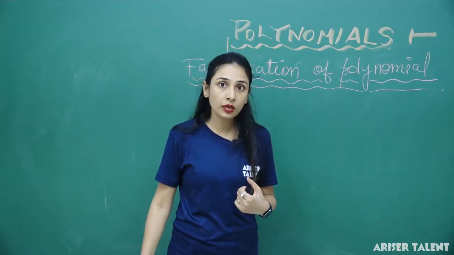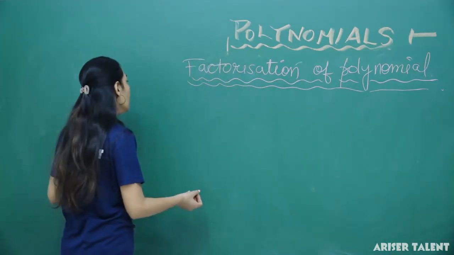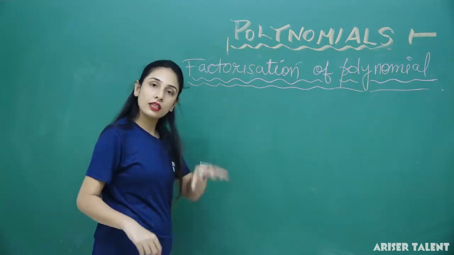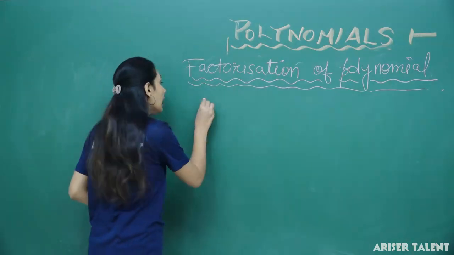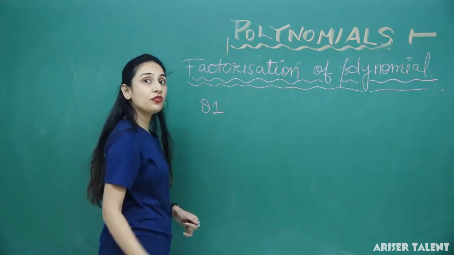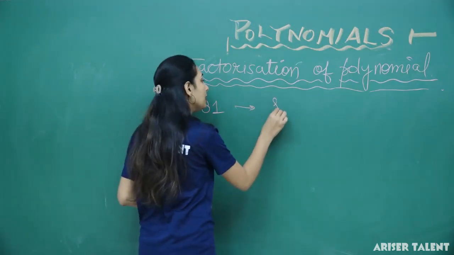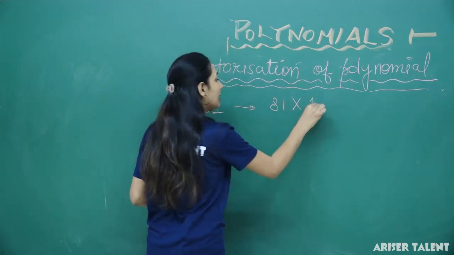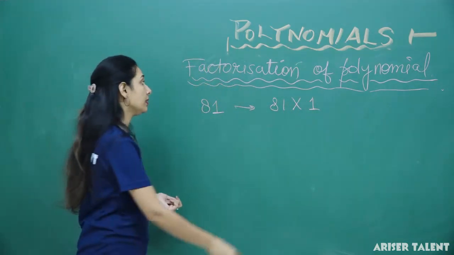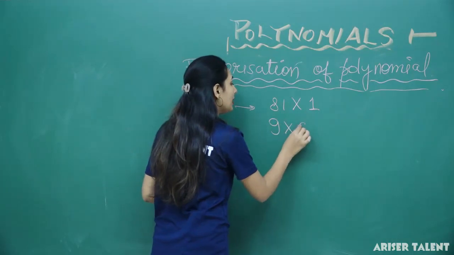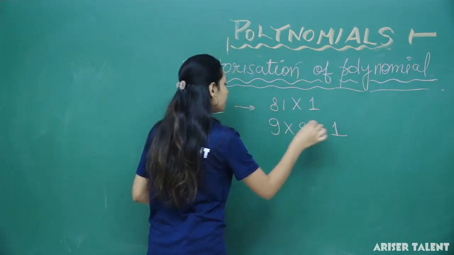Factorization of a number, that means if I tell you in today's lecture 81 is my favorite number. So, if I write 81, what is factorization of 81? Factorization of 81 can be done in this way: 81 multiplied by 1, or I can say 9 multiplied by 9 multiplied by 1 is a factorization.